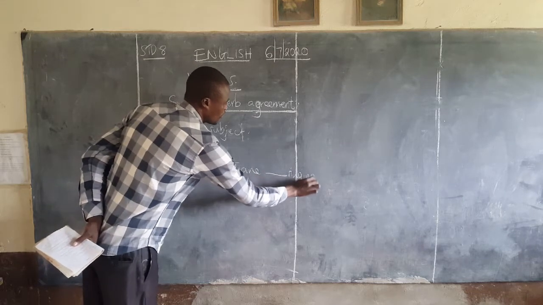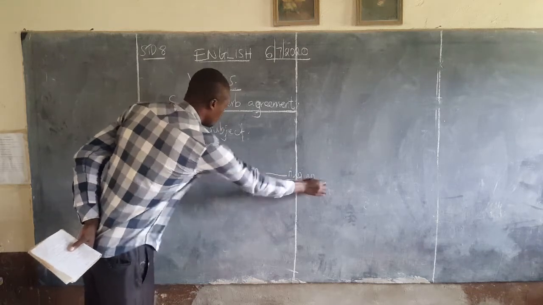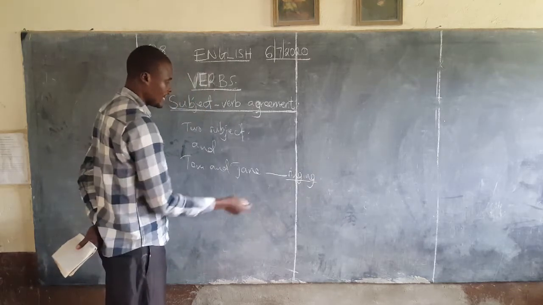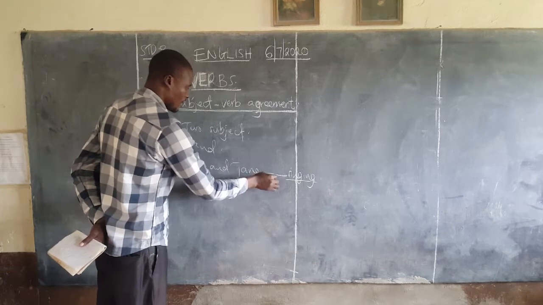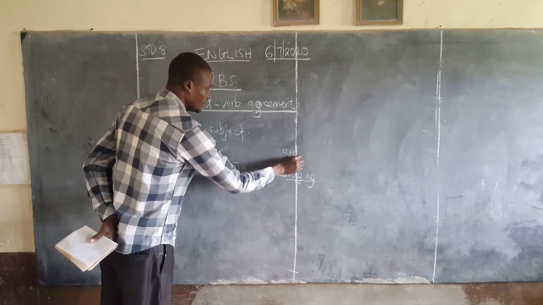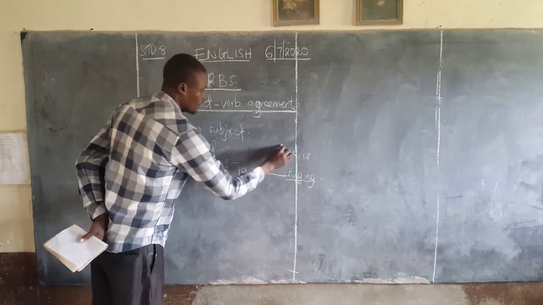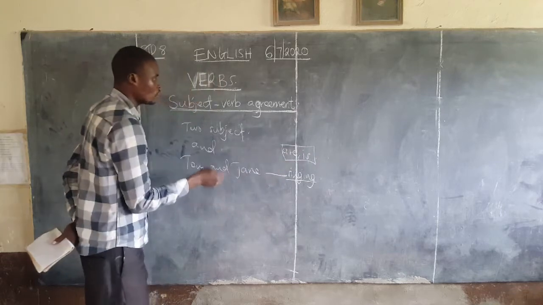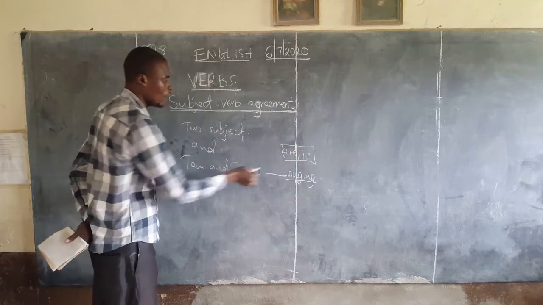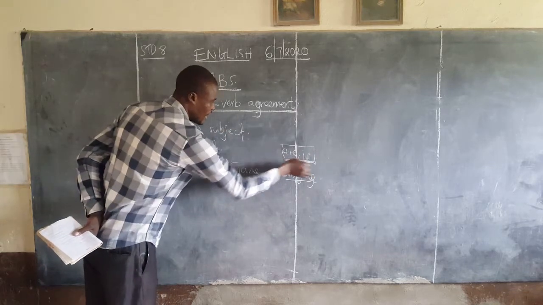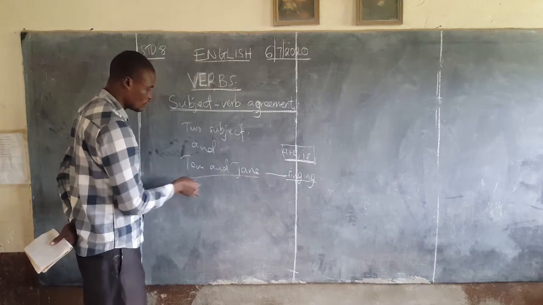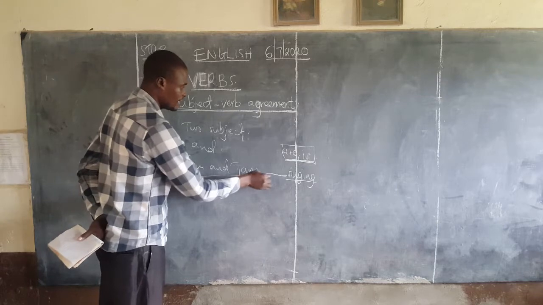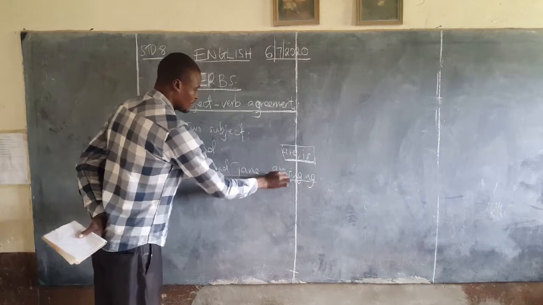I decided to use the word singing, so let's just use that verb. Tom and Jane, dash, singing. We have been told to write, do we say are singing or is singing? That's what we mean by subject-verb agreement. How will this verb that we are given here, are and is, agree with these two subjects given there? So we talk of Tom and Jane are.